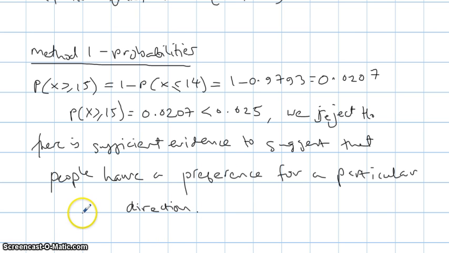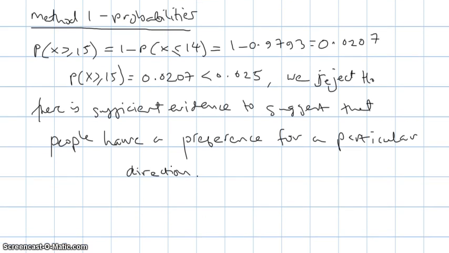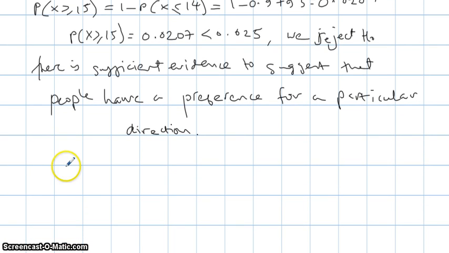So that's one method. Another method we can use, when you've got to find the actual critical values which make the boundaries, is method 2.